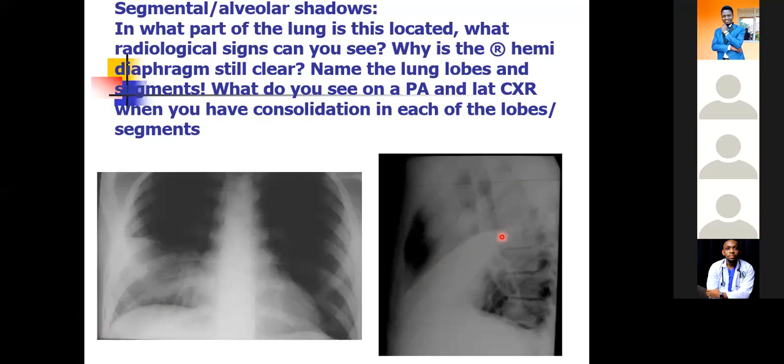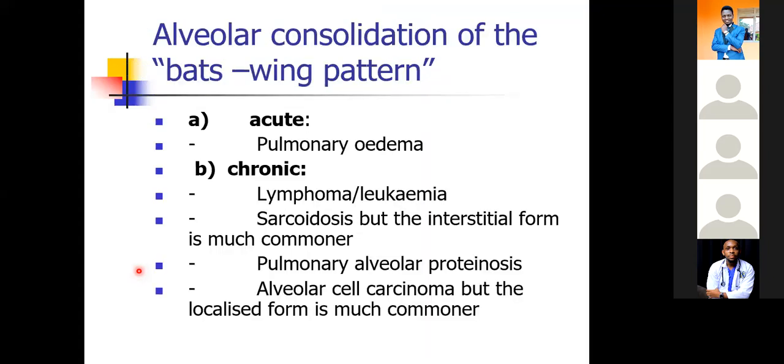It has the apex pointing towards the mediastinum there. So it's showing us classically that this is a middle lobe consolidation that we are looking at. So that is another example for you.